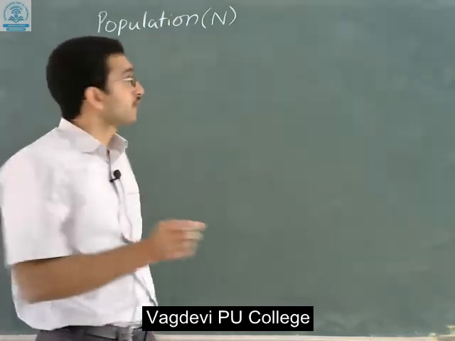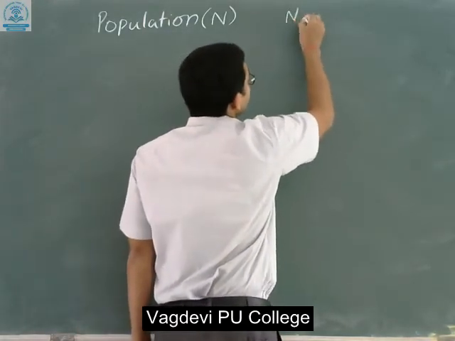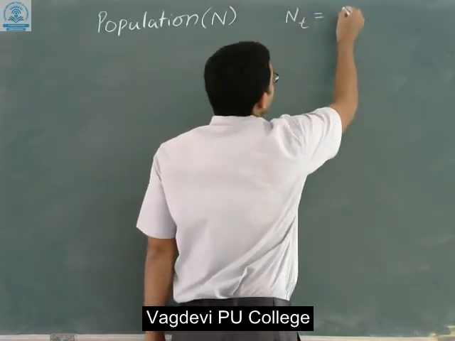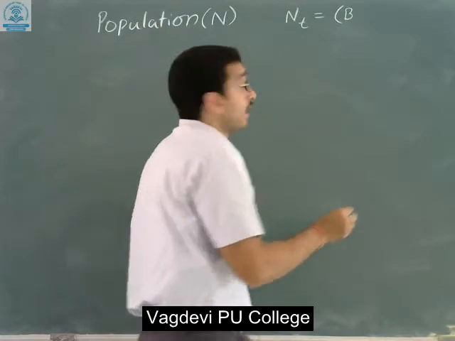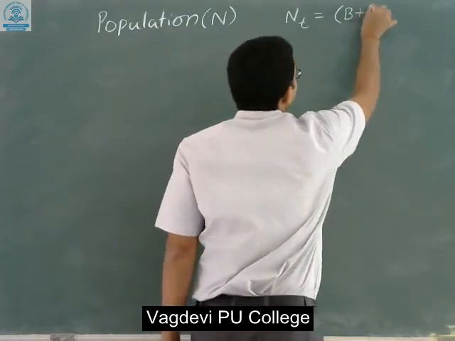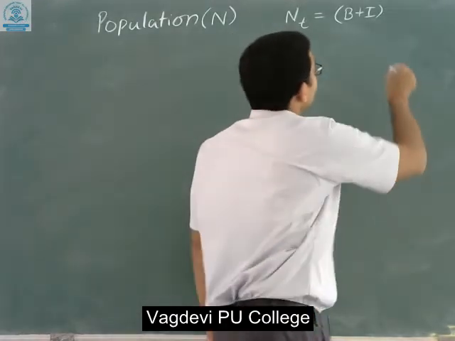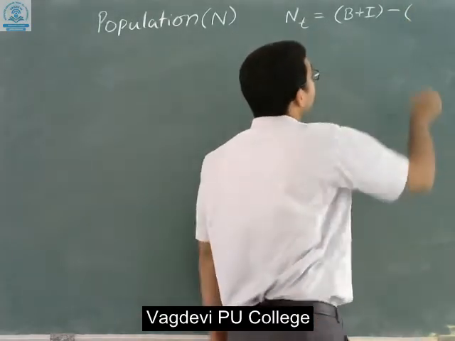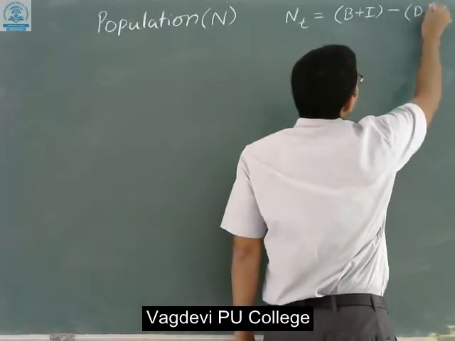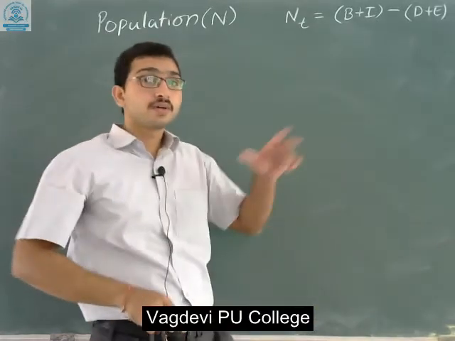In a previous class we have discussed that population is dependent upon the number of births as well as immigration, and we eliminate deaths and emigrants. This is what we have observed in the previous session.